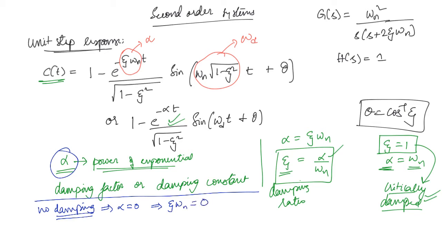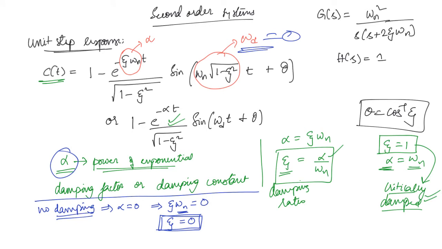Here omega n we don't take as 0, because if omega n is 0, then omega d will become 0, then it will become sine theta. It will no more be a function of time. So for alpha to be 0, we take zeta to be equal to 0. Okay, so this is the condition for a system to be undamped.